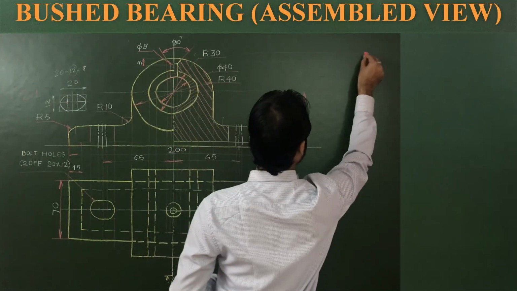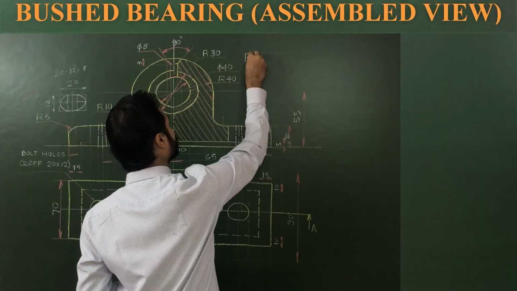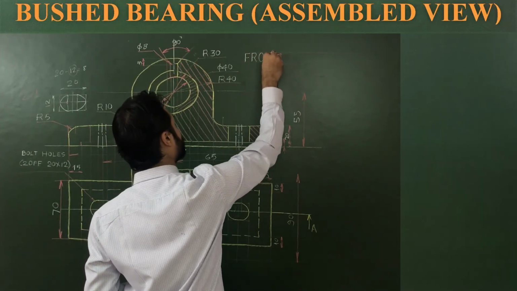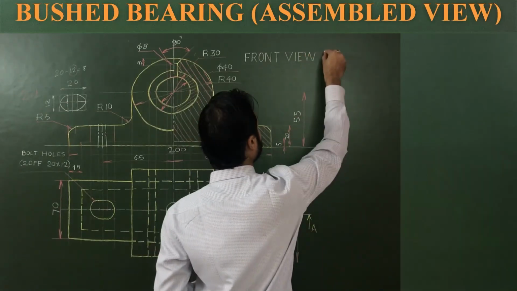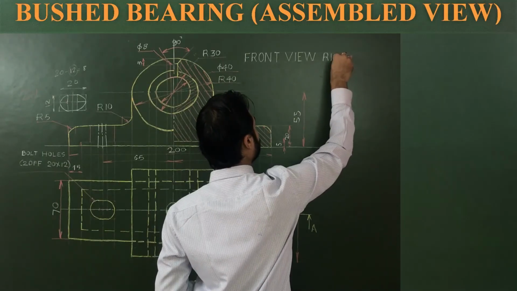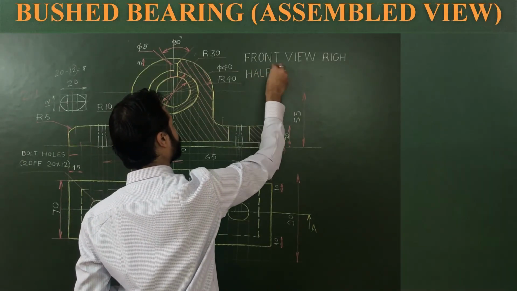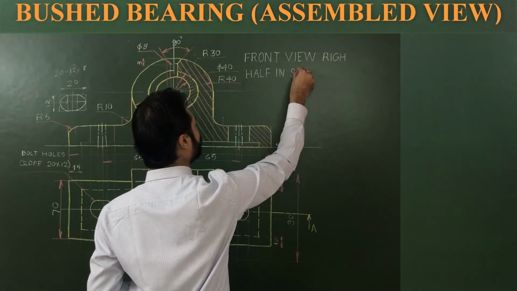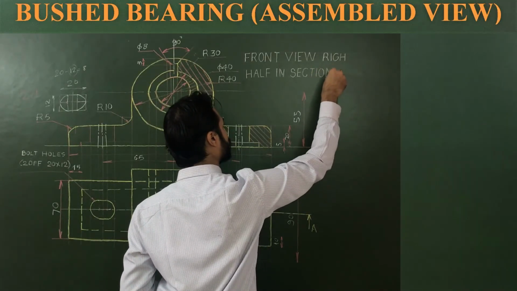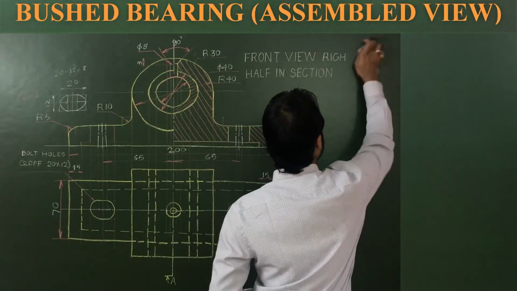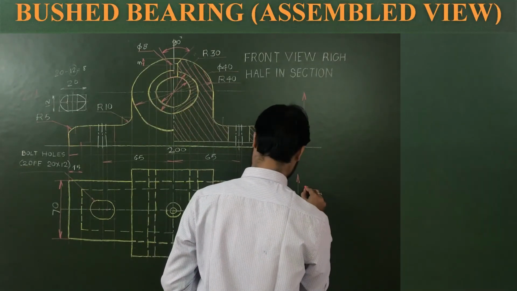So for scale used, I am writing some, okay, so heading first, front view, right half in section. Yes, front view, right half in section. Then for the top view, where to write?